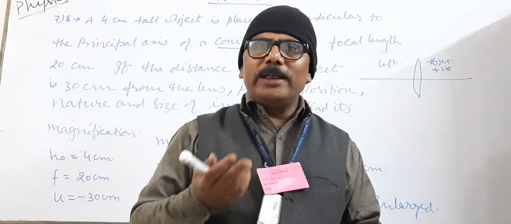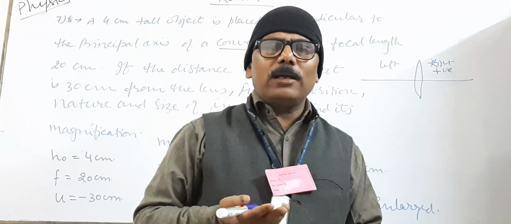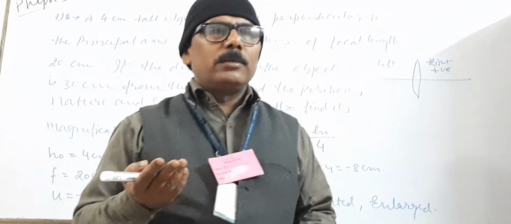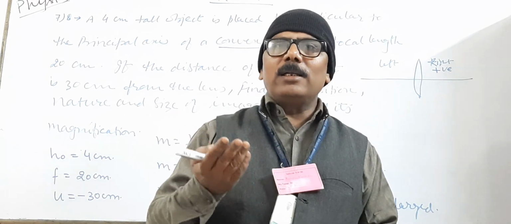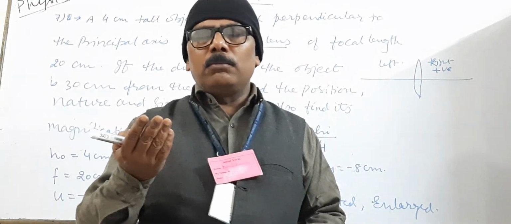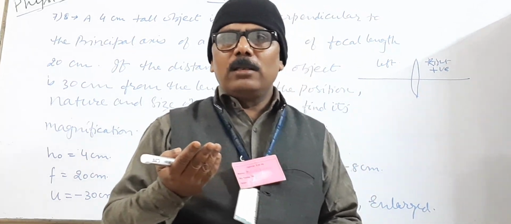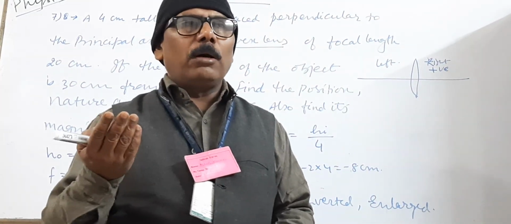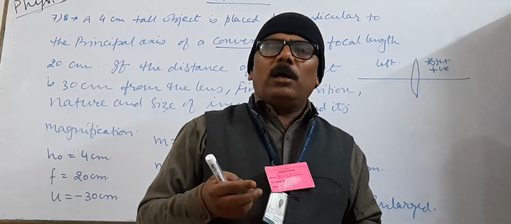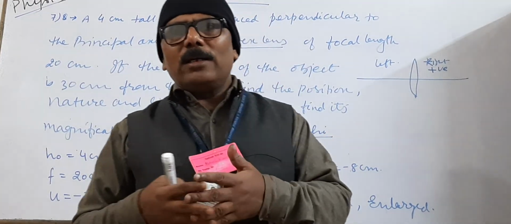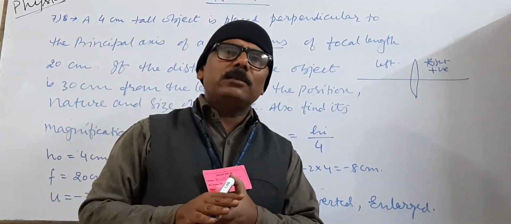I have already explained the phenomena of twinkling of star, scattering of light, early sunrise, and in the morning and evening the sky is red. Another is about early sunrise and delayed sunset. All these are the application based questions which are directly asked, which I have already explained in the class.